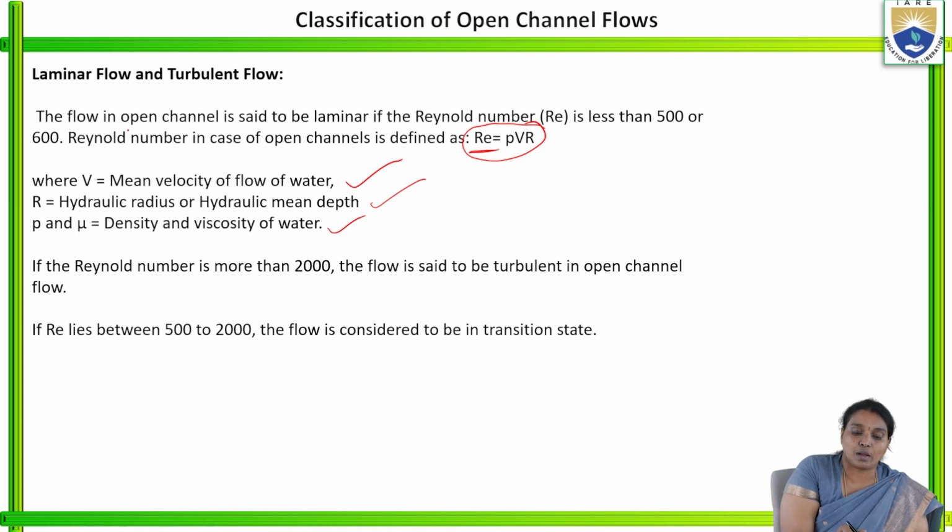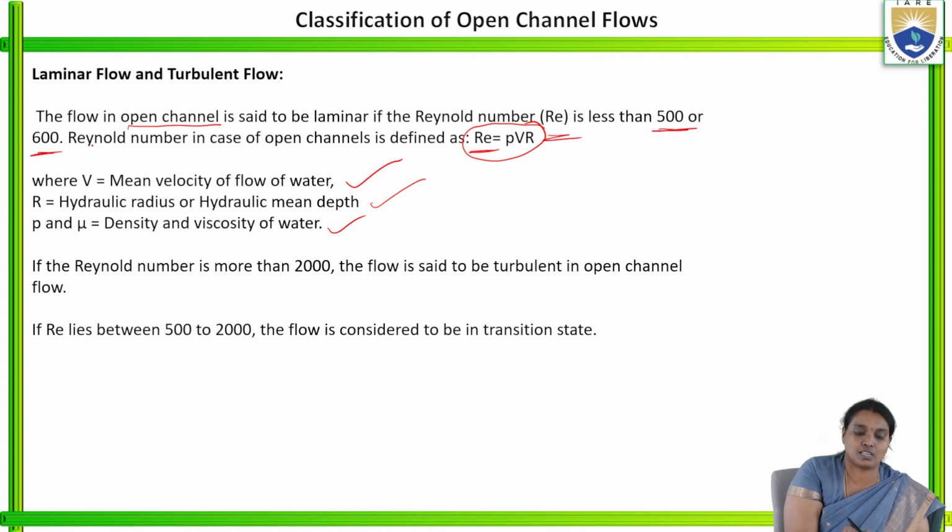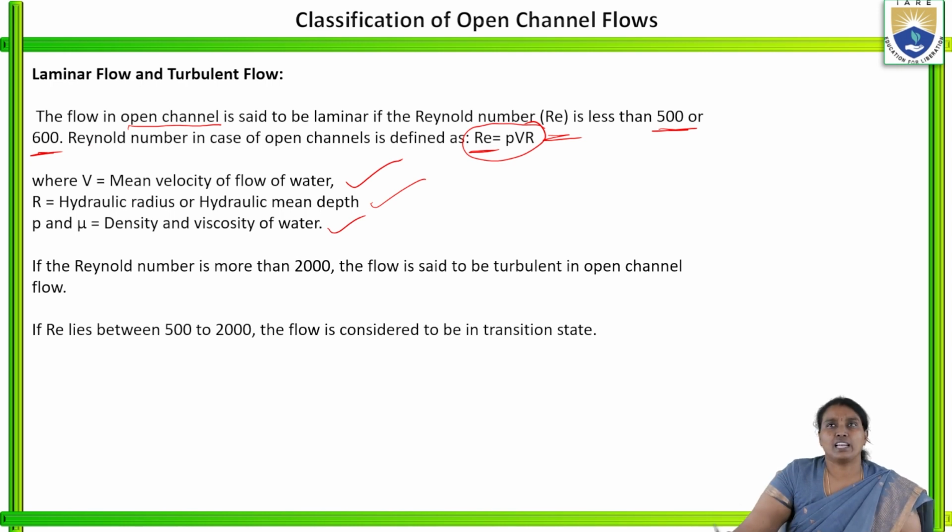In open channels, the Reynolds number is less than 500, or 600 sometimes. Generally, in most cases, we consider 500, sometimes 600.